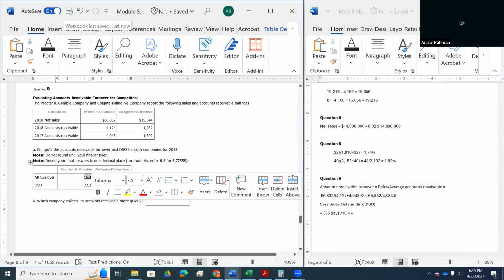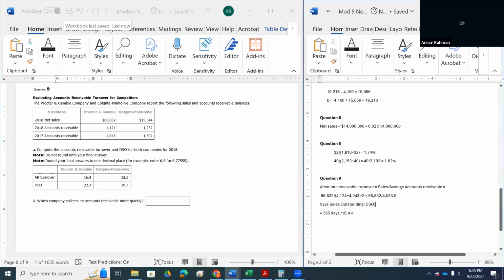In this case, Procter & Gamble seems to have a higher average accounts receivable turnover. But at the same time, we also need to look into DSO, days sales outstanding. Now, in case of days sales outstanding, we take 365 days and divide it by the average accounts receivable turnover. So what we are basically saying is how long it takes to collect accounts receivable on average.